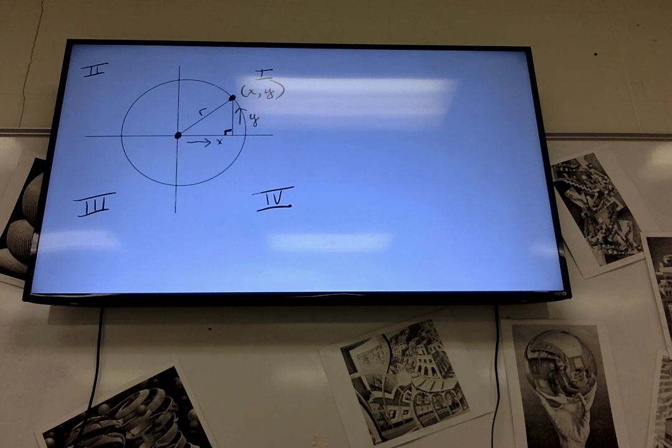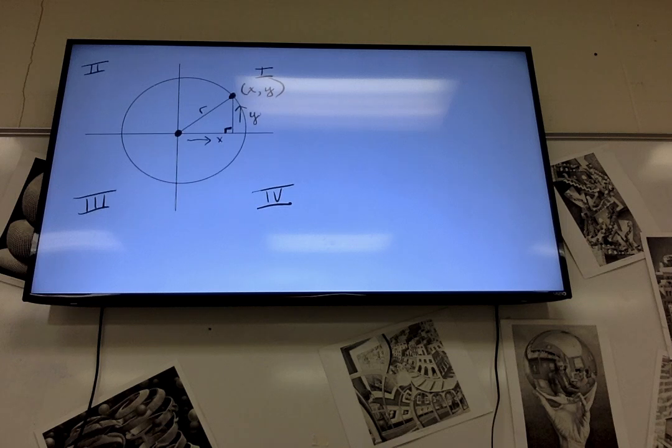When you do sine, cosine, tangent of all of these, since both x and y are positive, here's your angle, this is your opposite side, this is your hypotenuse. Since all of those are positive, all of my trig functions should be positive. So sine, cosine, tangent, all of them should be positive.